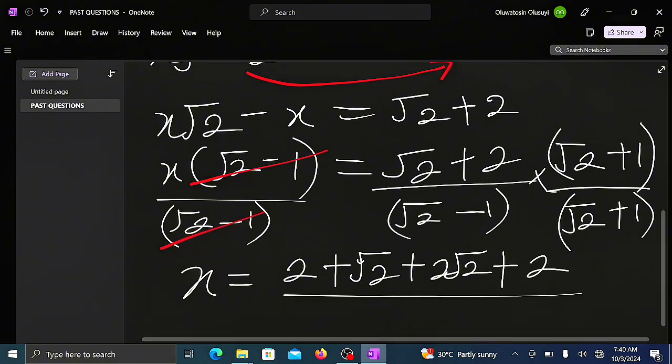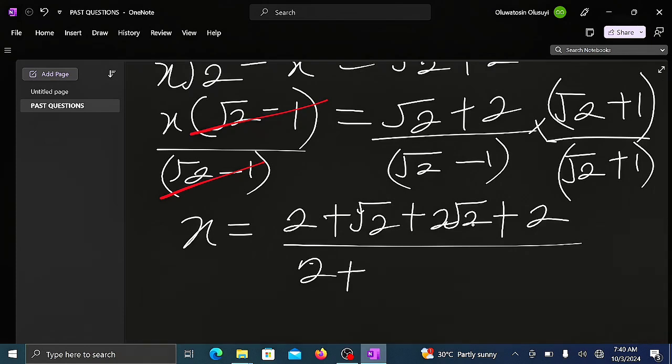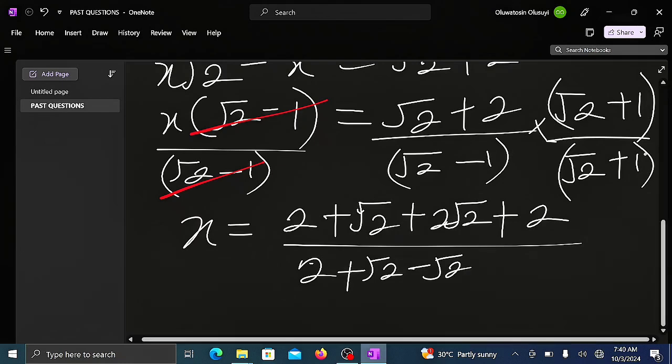All divided by, this will multiply itself as well. Root 2 times root 2, that is also 2. Root 2 times 1, that's root 2. Then my negative 1 times root 2, that's negative root 2. Negative 1 times 1, that's negative 1.